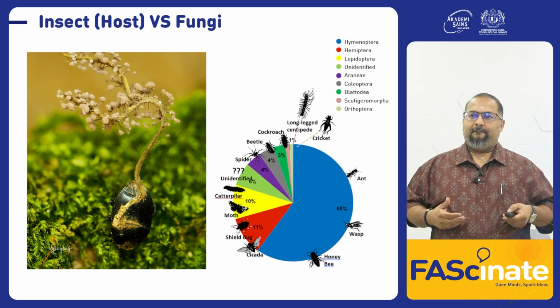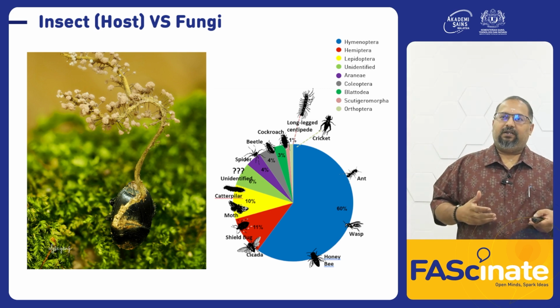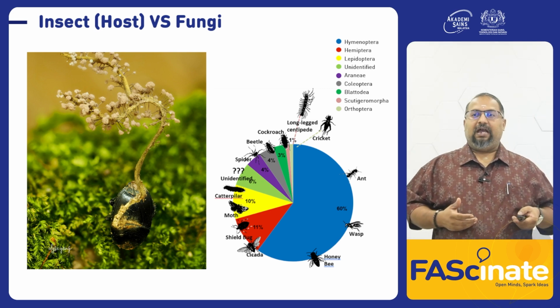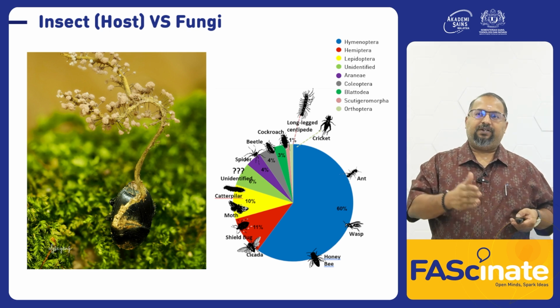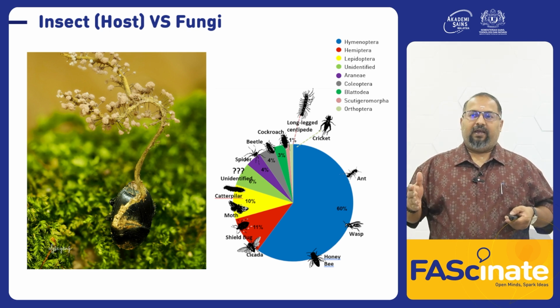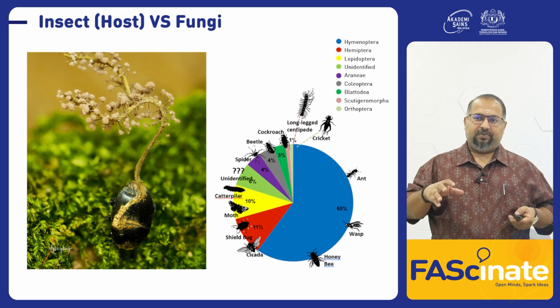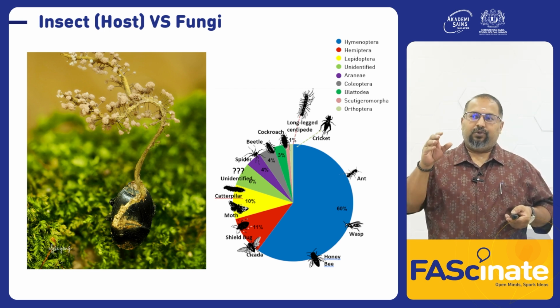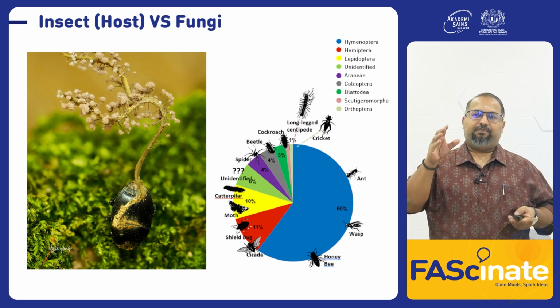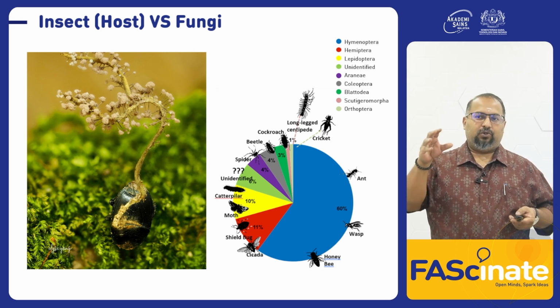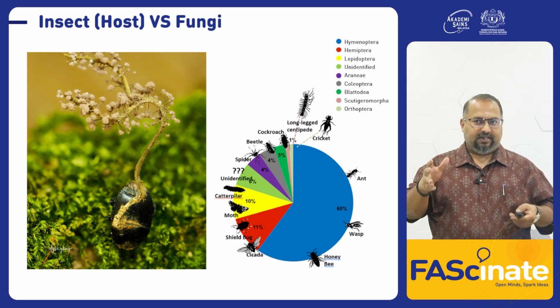Our group, the mycology lab in UMS, identified from 2015 to 2023 the number of host insects we gathered together with the fungi, to indicate whether it is species specific or host specific. We are looking into that criterion.